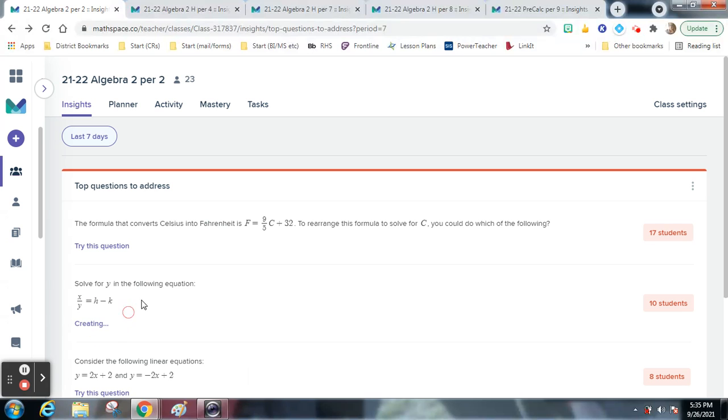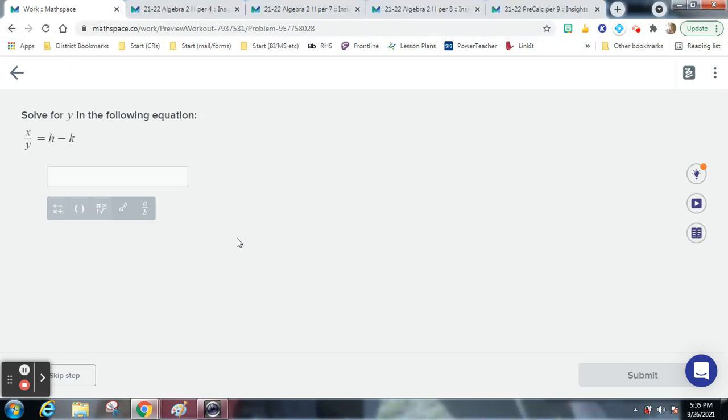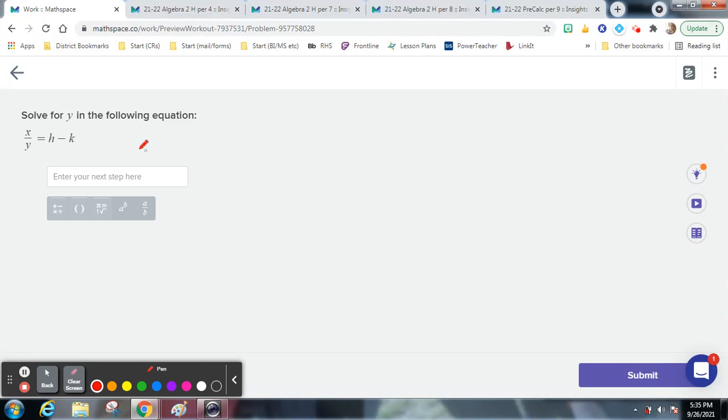For the second question, dealing with literal equations, I think this one threw people off because you had to solve for y and y is on the bottom. Well, what you could do is multiply by y to get it out of the denominator here. When you multiply, that's going to cancel. I would not distribute.